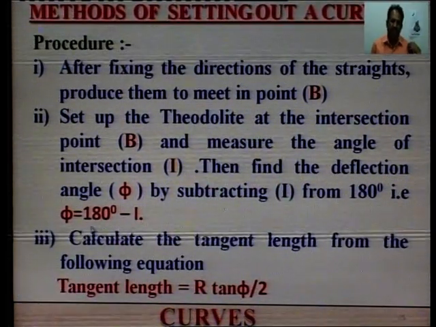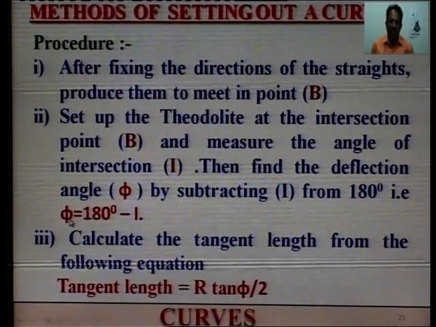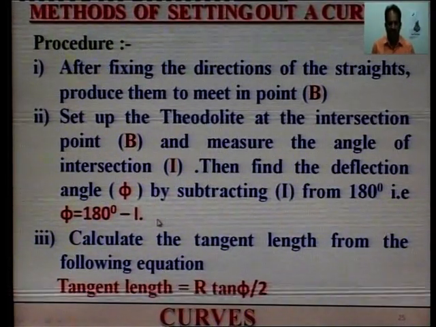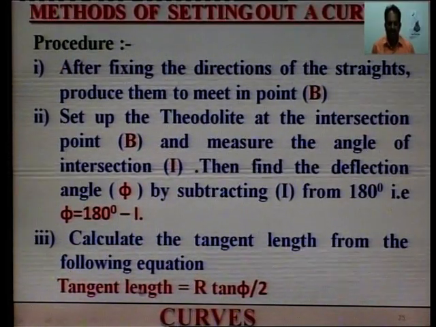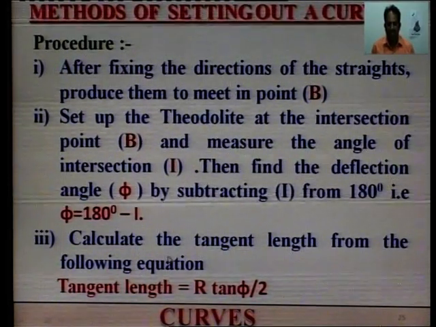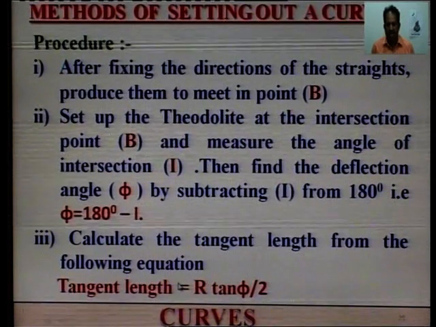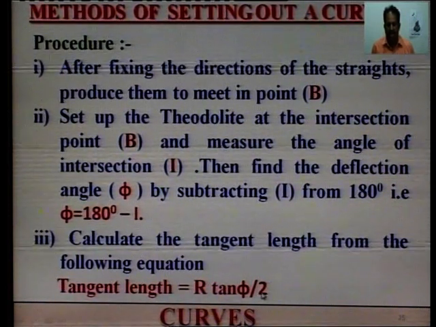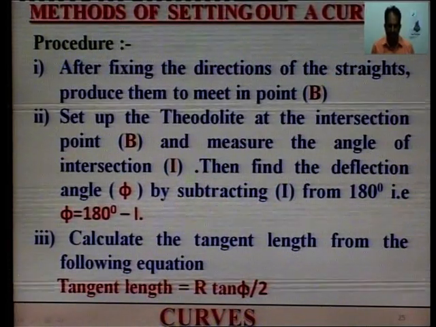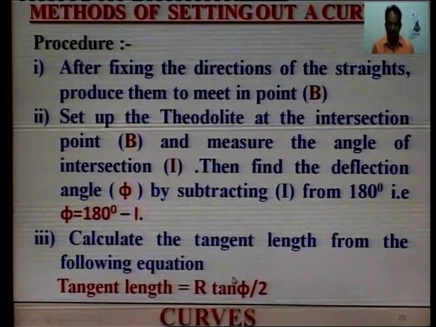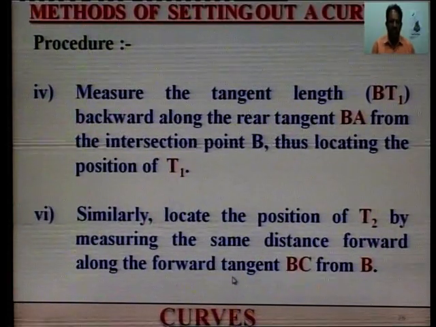If we have either of the two values, we can calculate the other. Calculate the tangent length from the formula: tangent length is r tan phi by 2. We know r and phi, so we can calculate the tangent length.